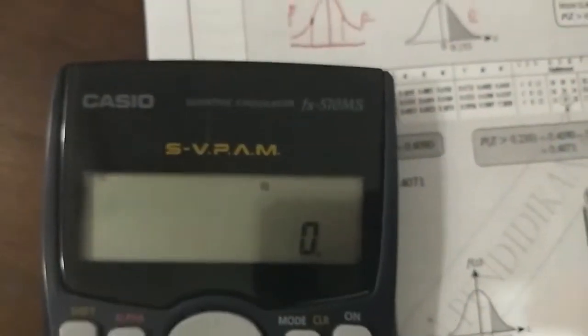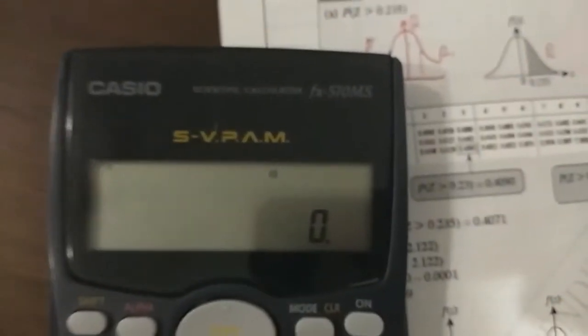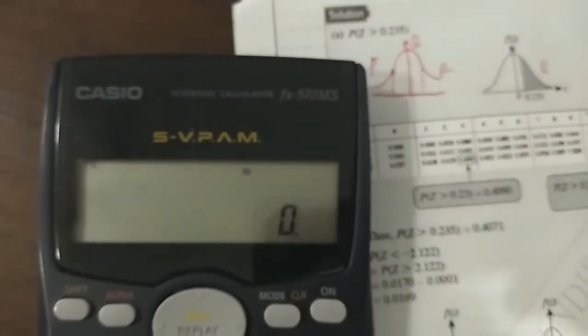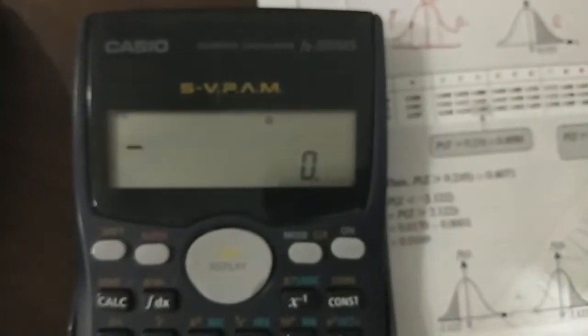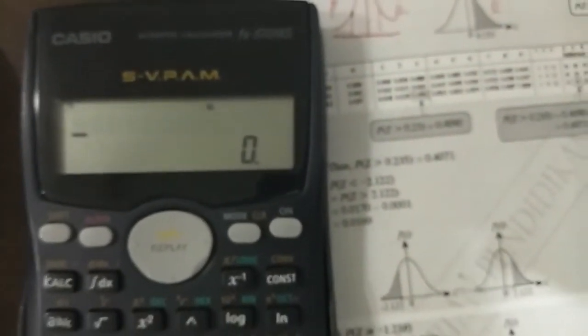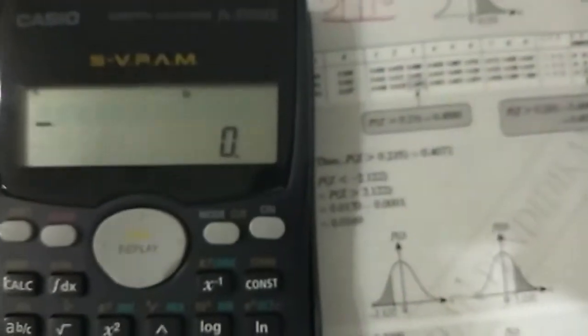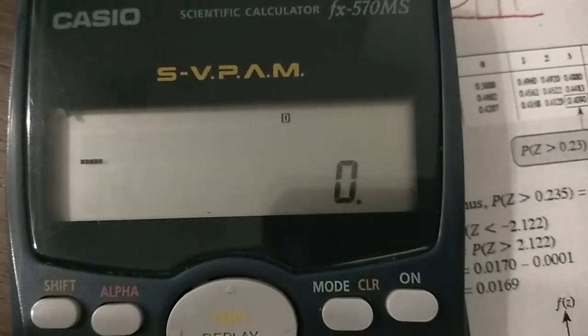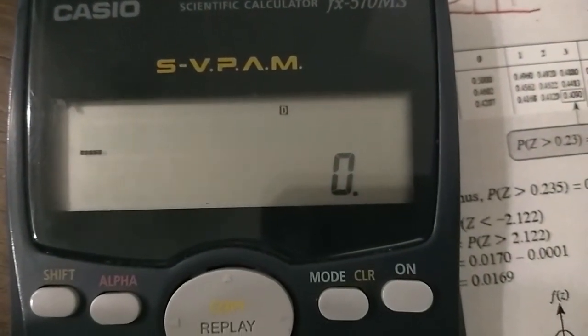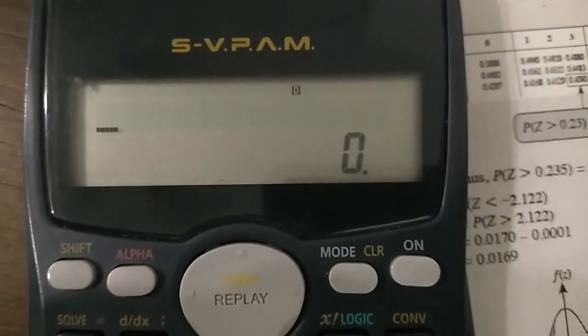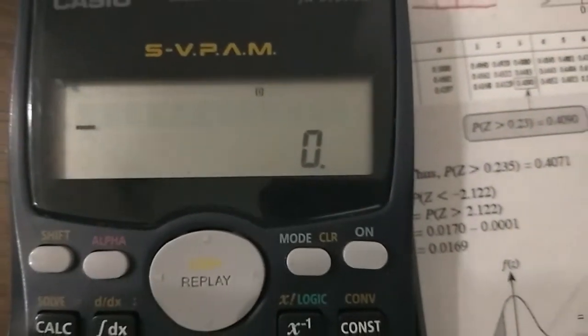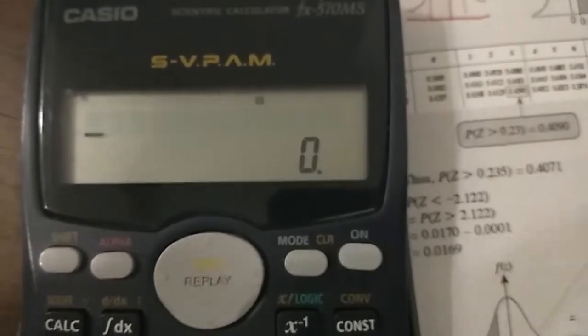Okay, this time I use the Casio FX570MS. Okay, go to your on button and then wait, now I'm finding the right side so that the video will be more sharp.